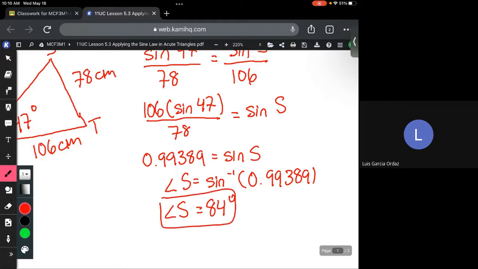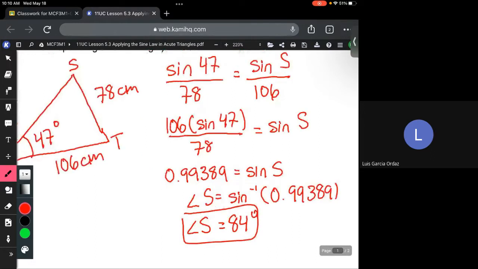Yes, Rita? When we have 0.993, how do we tell what decimal places we should use? It's fine if you round it to a couple, because your degrees are generally going to be the same. So if I take sine inverse of 0.993, it'll give me 83, so it'll be off by a degree.